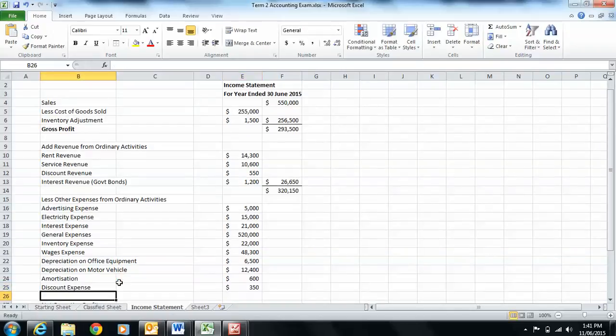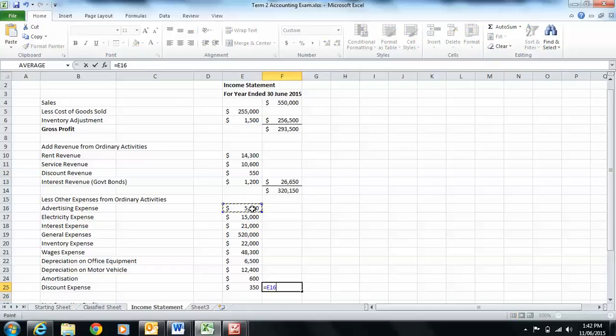So our next job is to add all of these up. So the total of these is going to be this plus this plus this. You could also just use the sum button there.